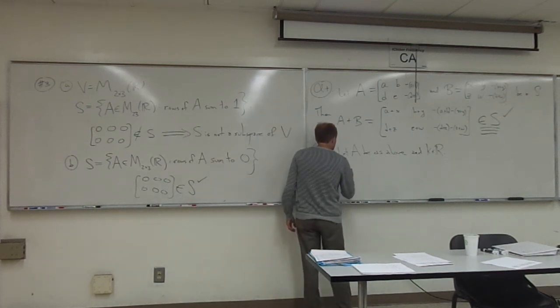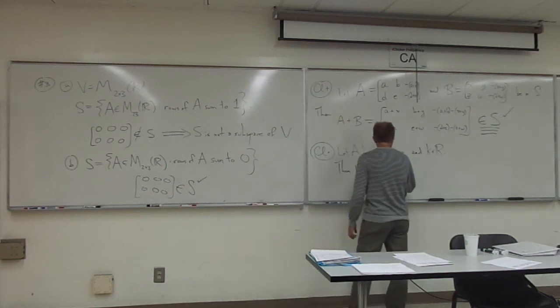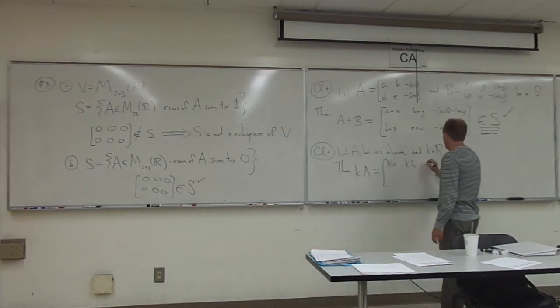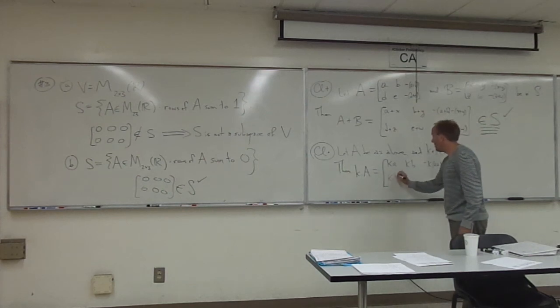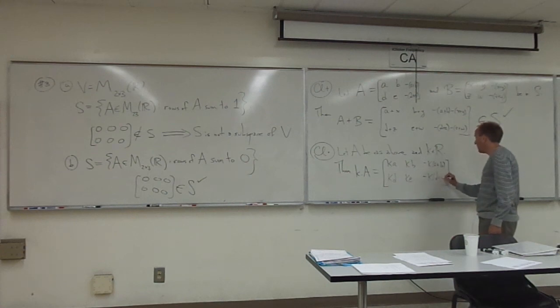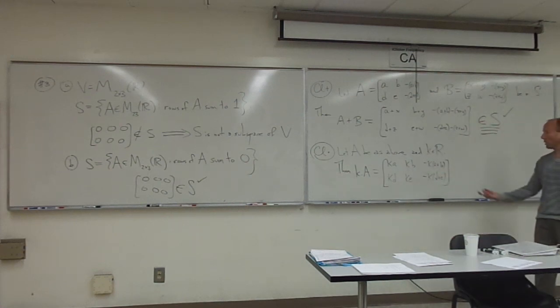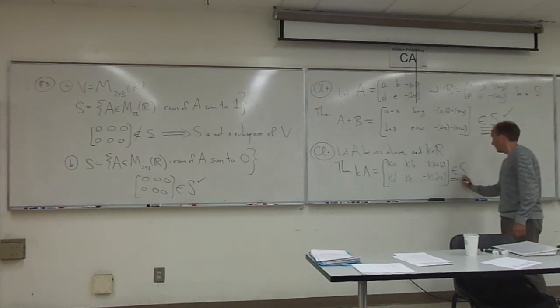So then you just have to calculate k times A, and that just means we're going to take ka, kb, negative k of a plus b, and then kd, ke, and negative k of d plus e. And we just look at that and we ask ourselves, do the rows still add up to 0? They clearly do. So this is an element of S.